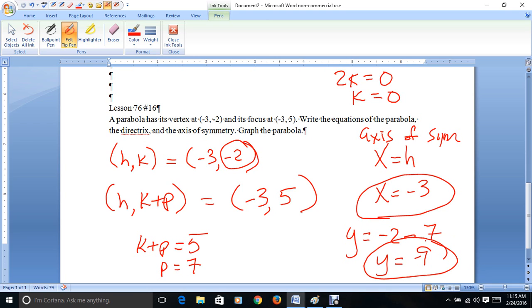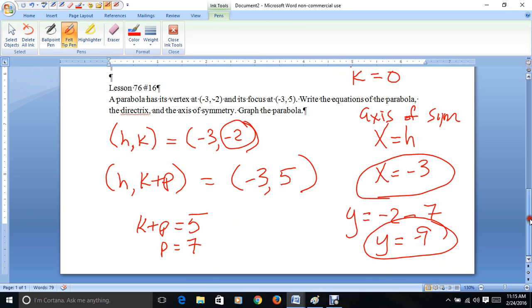And then the equation. So the equation of a parabola, remember, is y equals a times x minus h quantity squared plus k. So I've got all this stuff to fill in. a is 1 over 4p, so 1 over 28.